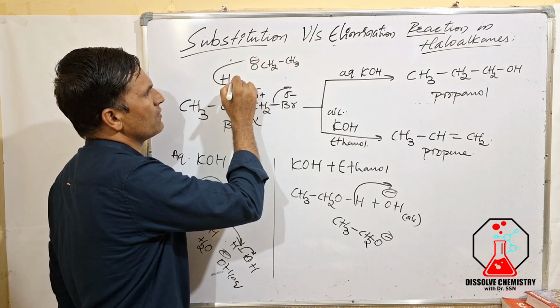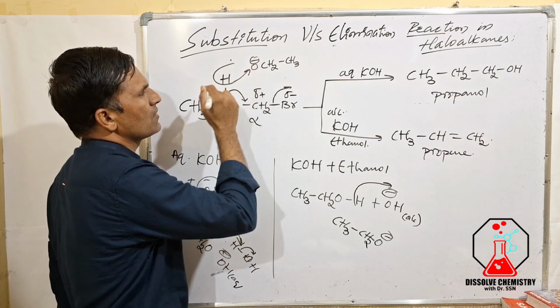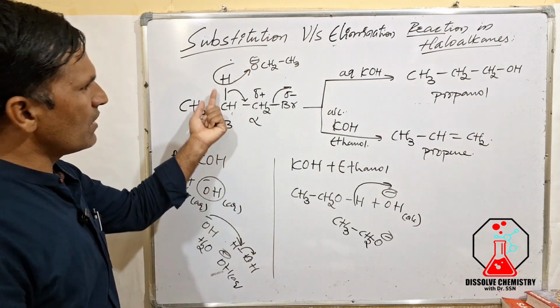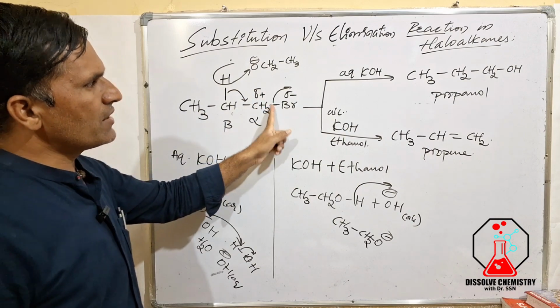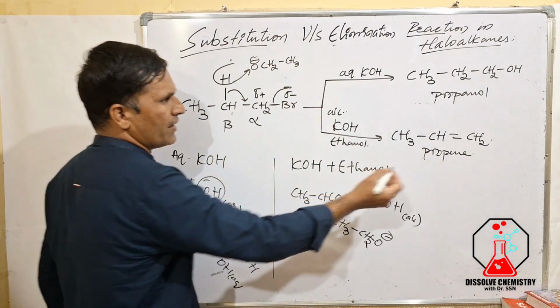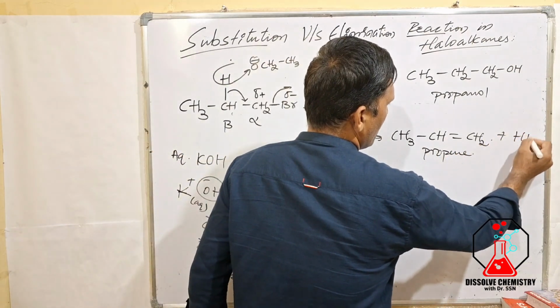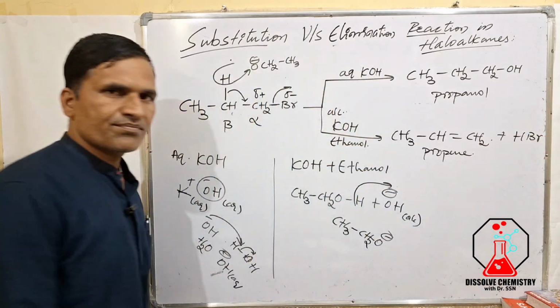We will show it like this. This proton is being abstracted, the bond shifts and simultaneously bromine goes out, HBr is coming out from that.